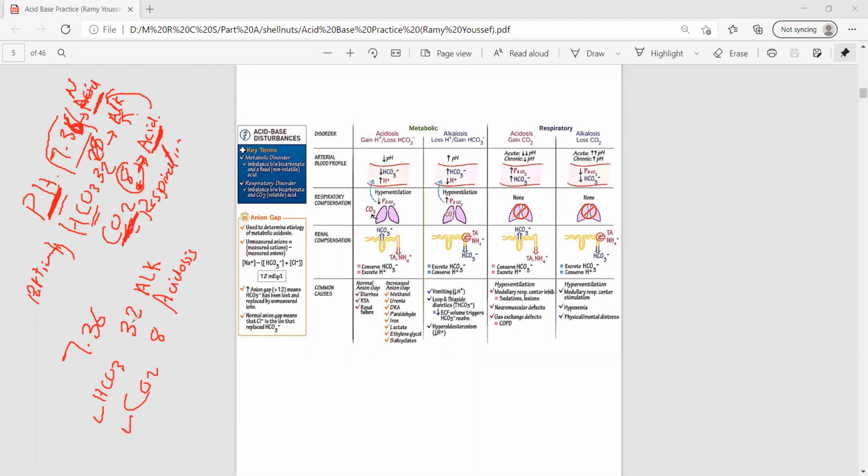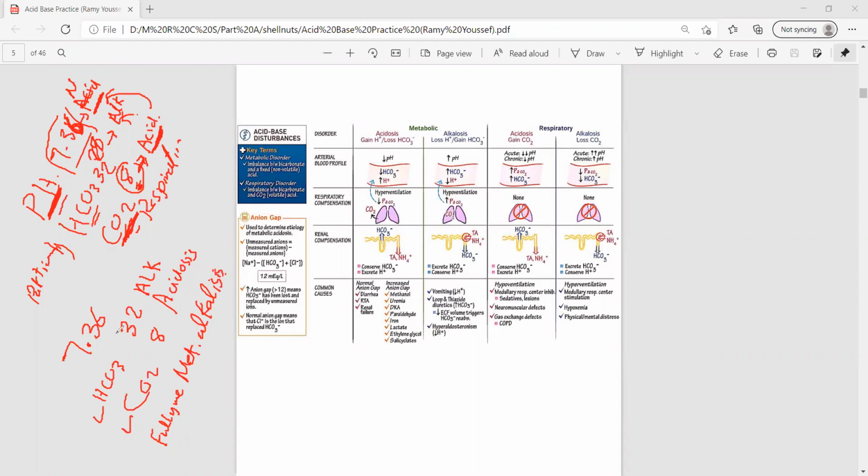Is this fully compensated metabolic alkalosis? It is fully compensated metabolic alkalosis. Why metabolic alkalosis?